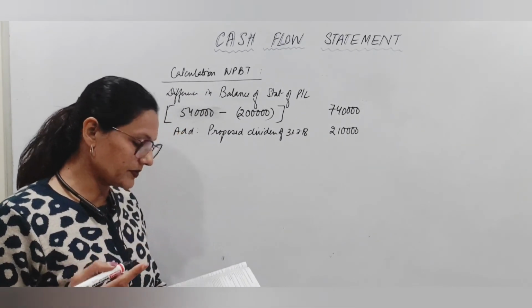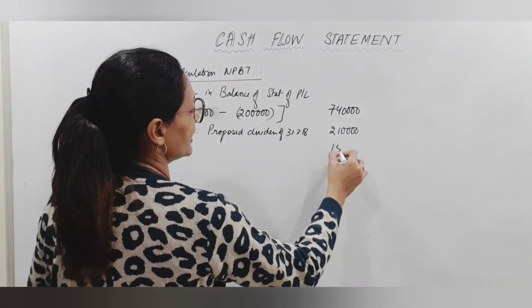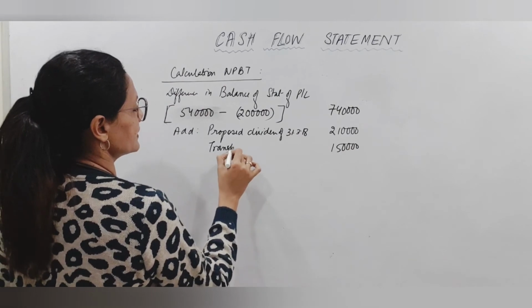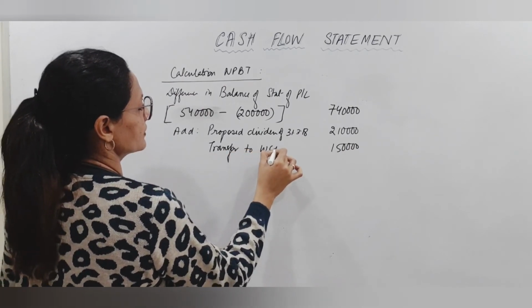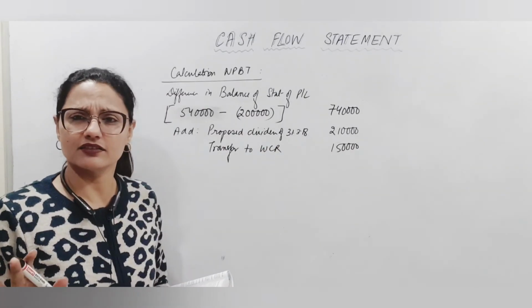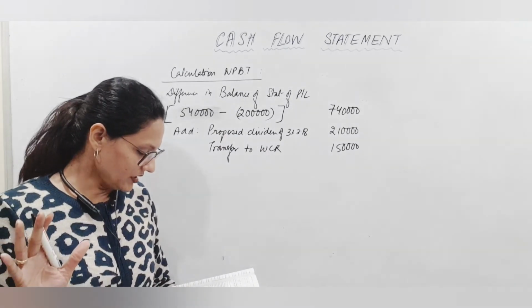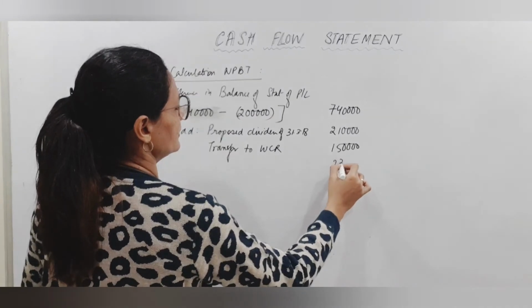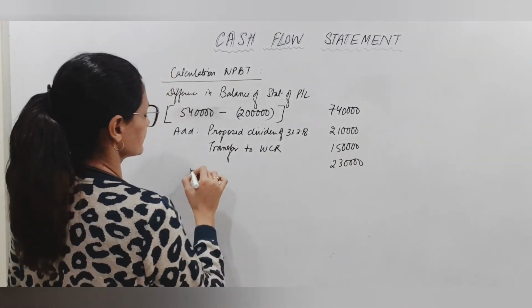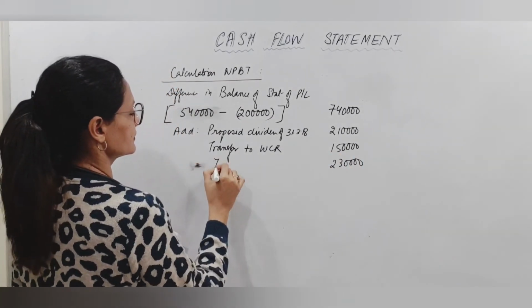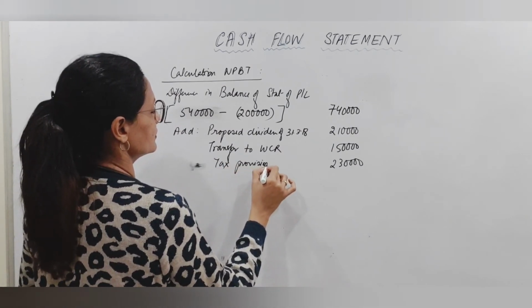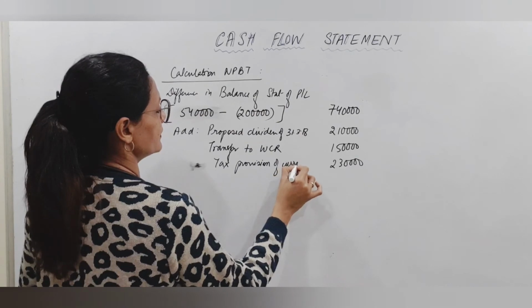Transfer to workman's compensation reserve. 1,50,000. Any reserve that you have created from the profits, please add it back. Workman's compensation reserve. Any reserve that you have created. And you have provision for tax made during the current year. Yes. Current year tax भी दिया इतना. So add tax provision of current year.